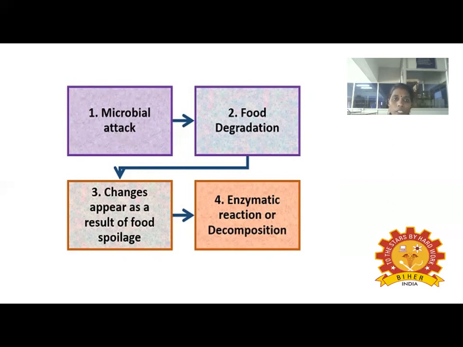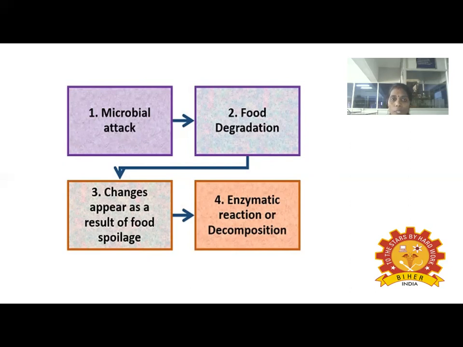When the microorganisms enter into the food material, what will happen? Changes appear as a result of food spoilage. Definitely, we are able to see the changes in the food materials. Then there is enzymatic reaction or decomposition.